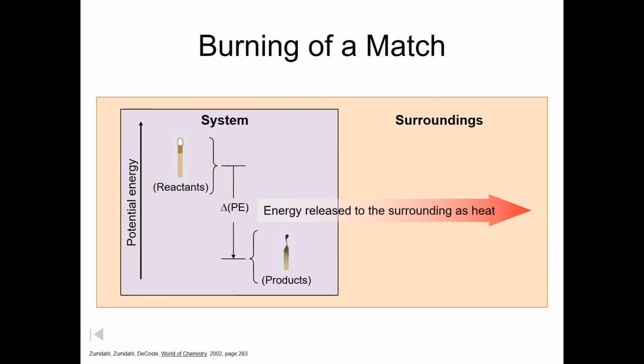It'll burn, and some of the energy will be released in the form of heat to the surroundings. So overall, we see that there is a loss of potential energy. You can no longer reignite it, and well, technically it would, but it loses some potential energy. It goes into the surroundings.